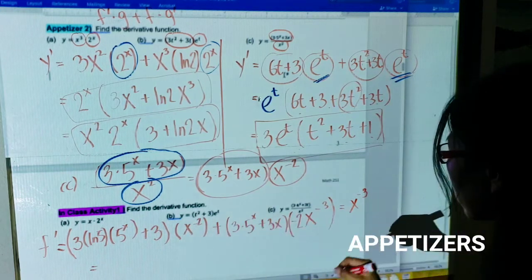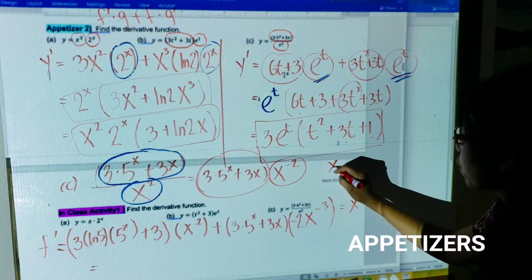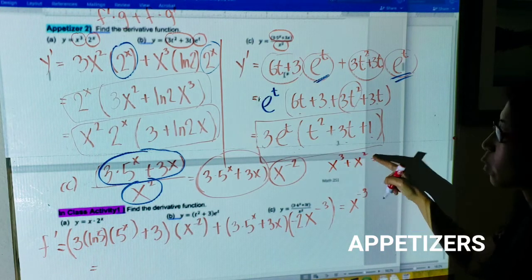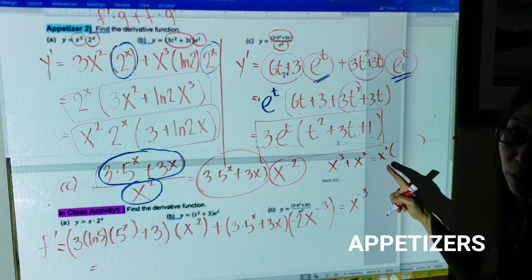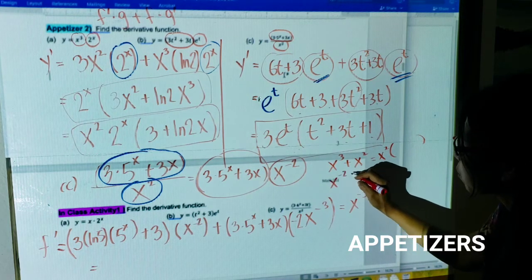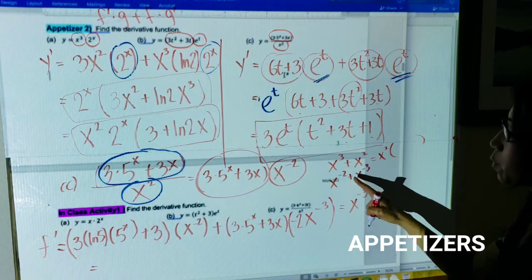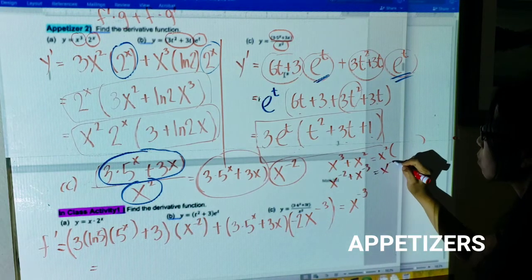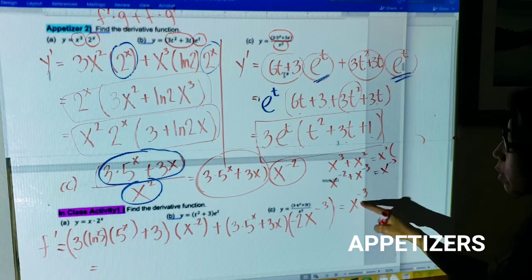Why not x to the square? Think about it: if you have an x cubed plus x squared, do you pull out the big number or the small number? You pull out the small number, right? So I have x to the negative 2 plus x to the negative 3. Do you pull out the small number? Small number or big number? Yeah, we pull out the small number. So that's why I'm pulling out negative 3.